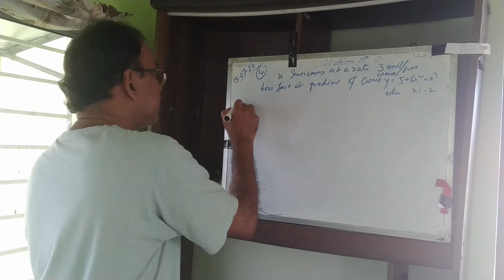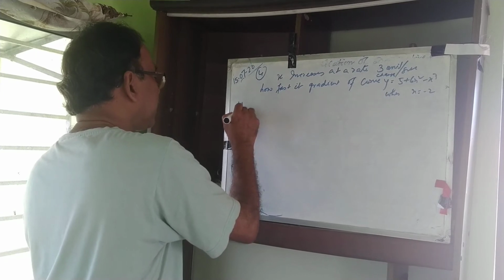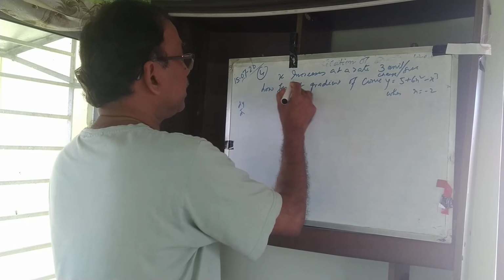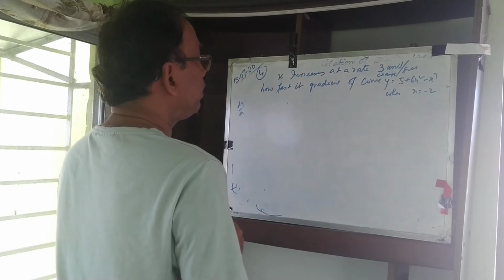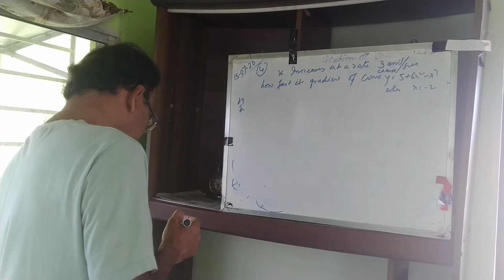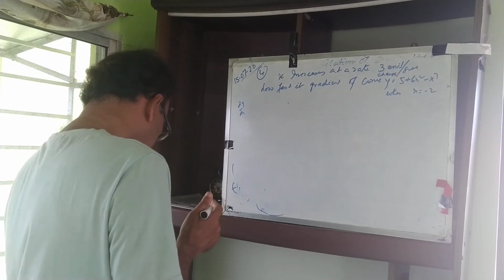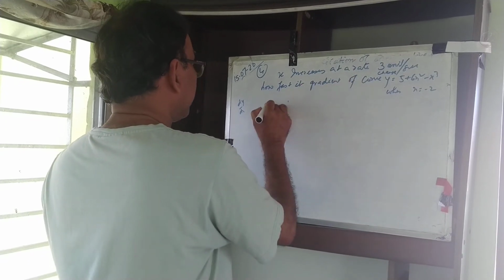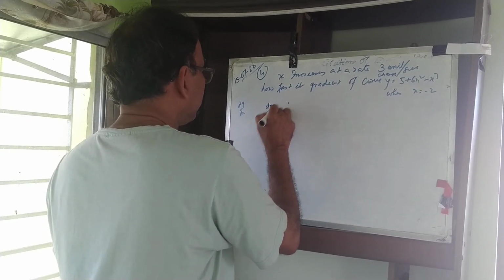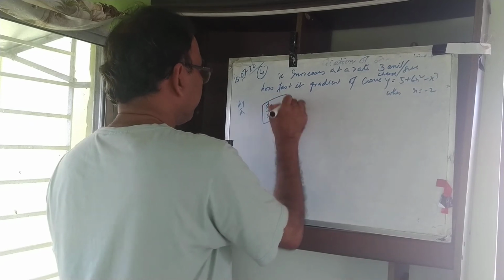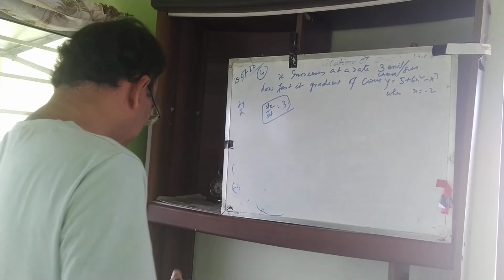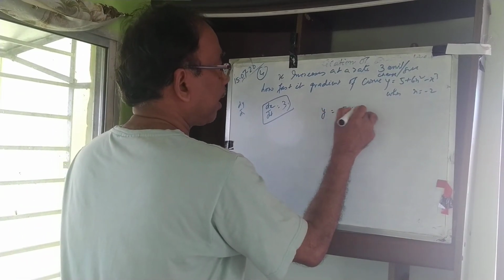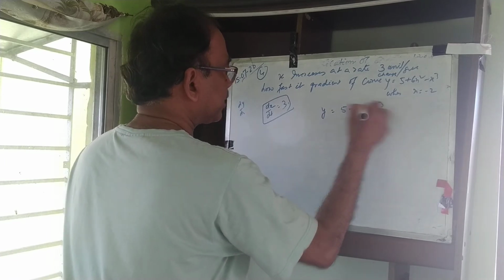Then you have to find the gradient. Suppose dy/dx is the gradient. Here it is given that x increases at a rate of 3 units per second, that is dx/dt equals 3. Now the equation of the curve is y equals 5 plus 6x² minus x³.